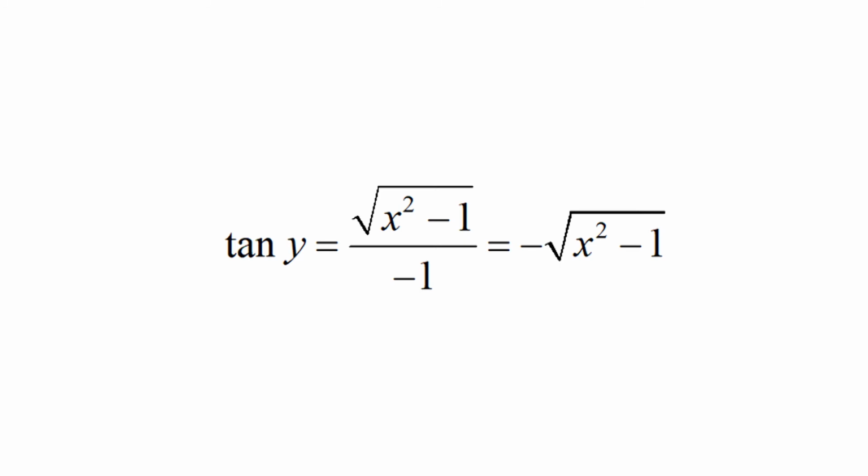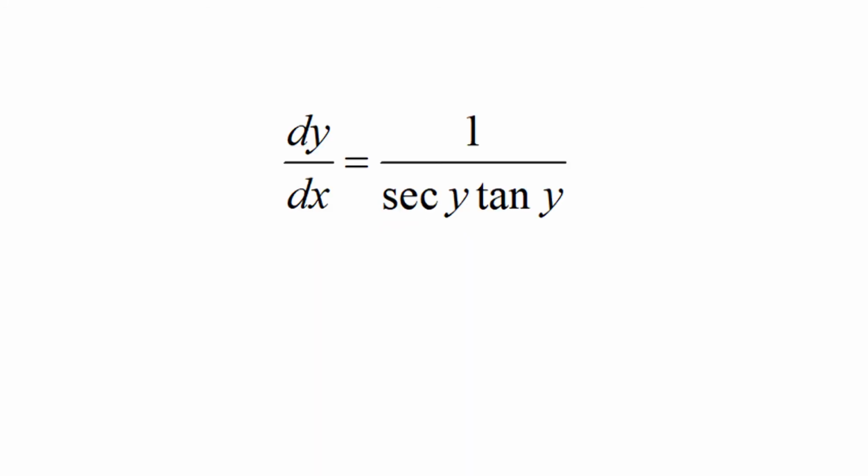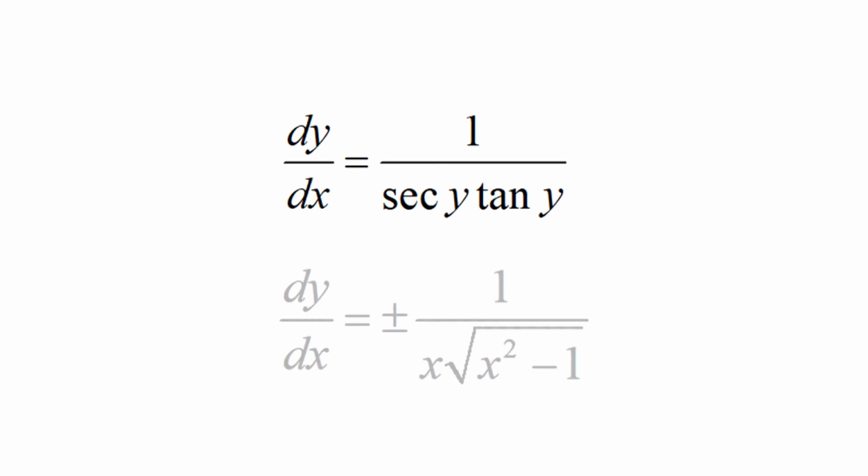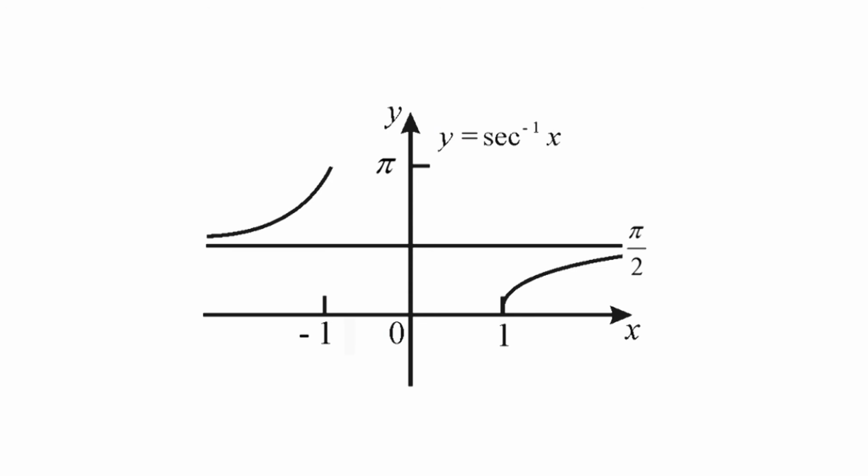Using the above two equations, dy by dx equals 1 by sec y into tan y gives dy by dx equal to plus or minus 1 by x into square root of x square minus 1. By looking at the graph of y equal to sec inverse of x, it can be seen that for mod x greater than 1, the slope of the graph of y equal to sec inverse of x is always positive.